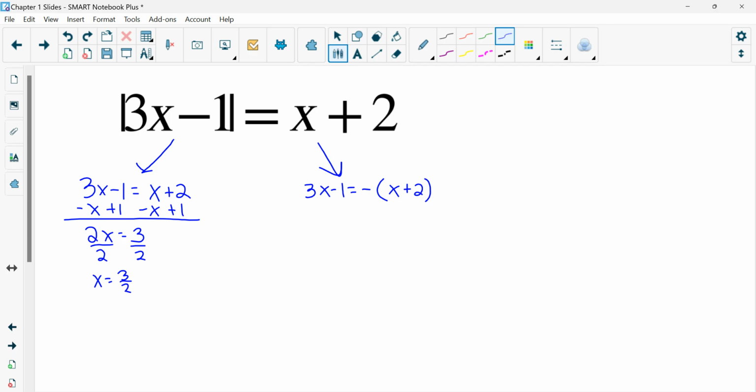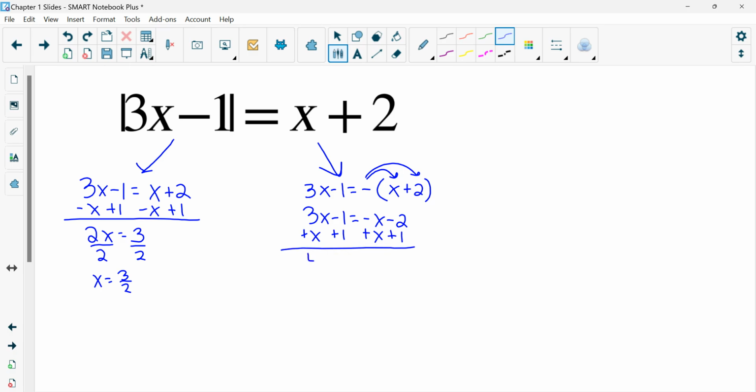As I go to do that equation on the right side, the first thing I need to do is distribute my negative sign. So I'd have negative x minus 2 on the right. And so I would add x and add 1.